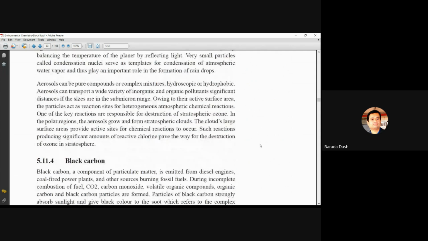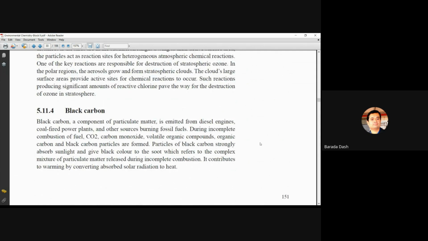Black carbon is also called soot. Black carbon, a component of particulate matter, is emitted from diesel engines, coal-fired power plants, and other sources burning fossil fuels. During incomplete combustion of fuel, carbon dioxide, carbon monoxide, volatile organic compounds, organic carbon, and black carbon particles are formed.